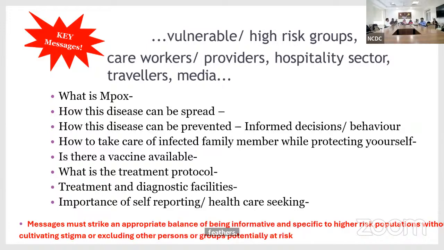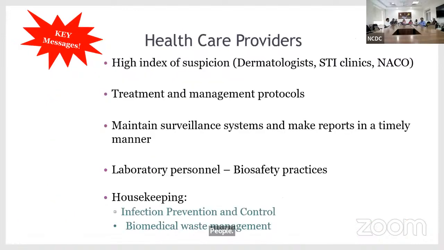The similar kind of communication of risk, or high index of suspicion, also needs to go back to the healthcare providers. And the importance of self-reporting and healthcare seeking, because we need to be very careful while dealing with such patients and also provide them this information so that stigma and discrimination is taken care of and people come forward for self-reporting, which is the mainstay.